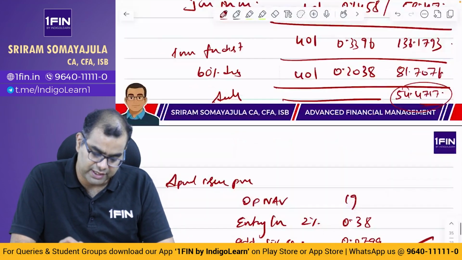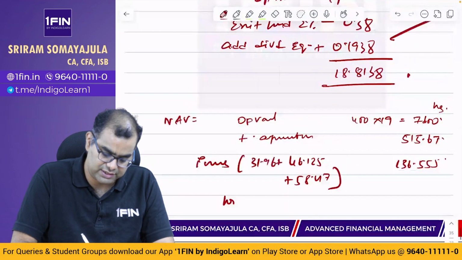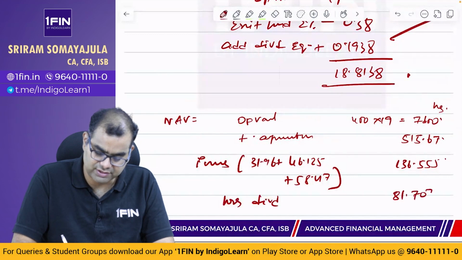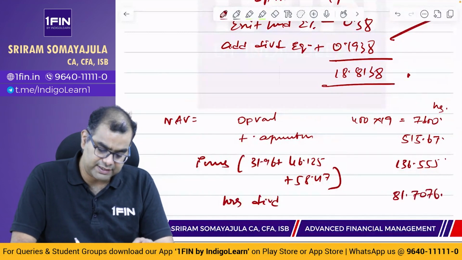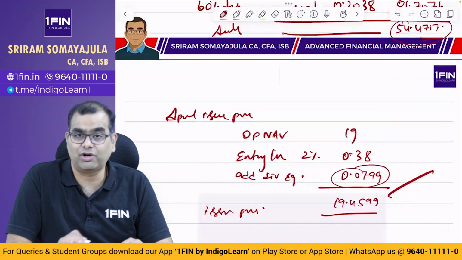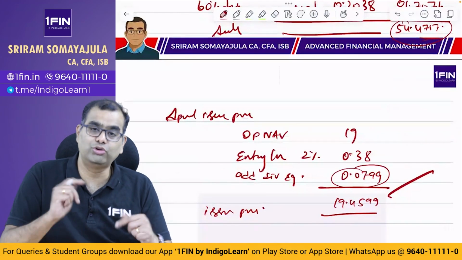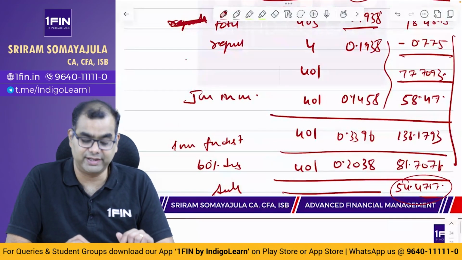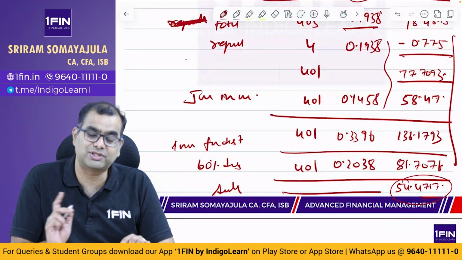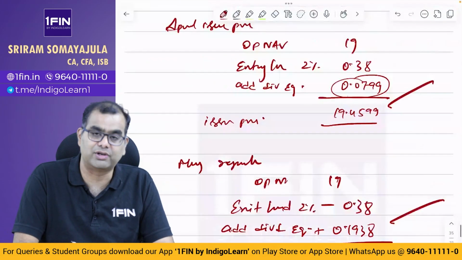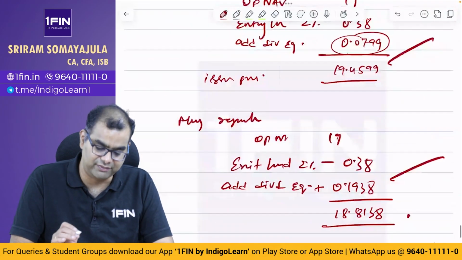Dividend is very clear, 81.7076. Now you have taken direct incomes. You have not taken the dividend equalization here. You have not collected that, right? So now you take that into account. Whereas in this computation, dividend equalization value is already considered. So if you take the value here, you cannot take dividend equalization value here. So be very, very careful.